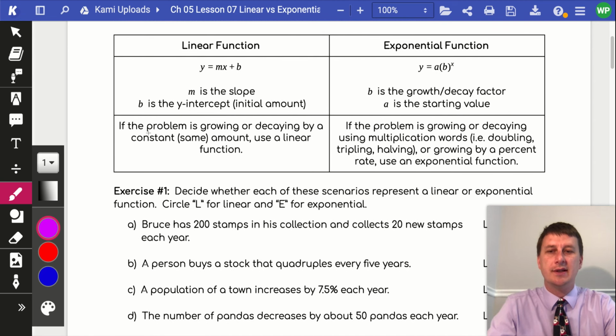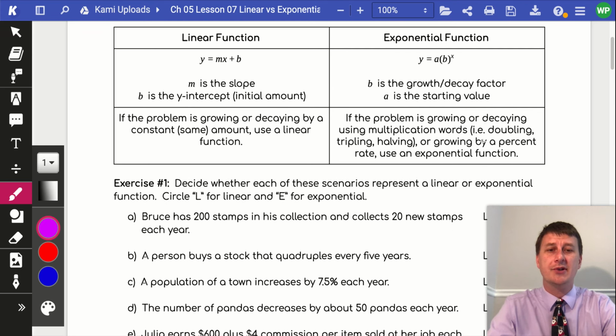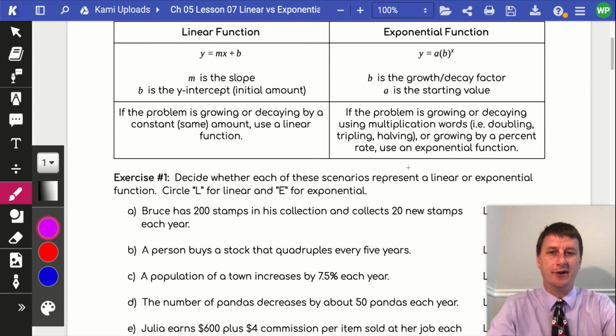In linear functions, if the problem is growing or decaying by a constant or the same amount, use a linear function. And if the problem is growing or decaying using multiplication words, for example, doubling, tripling, halving, or growing by a percent rate, a constant rate as a percent, use an exponential function.